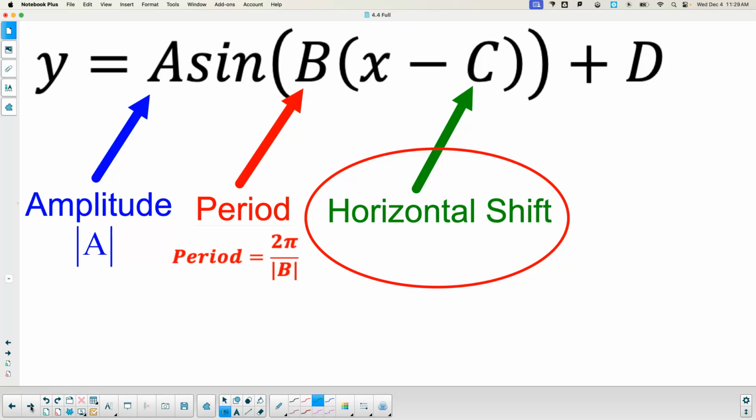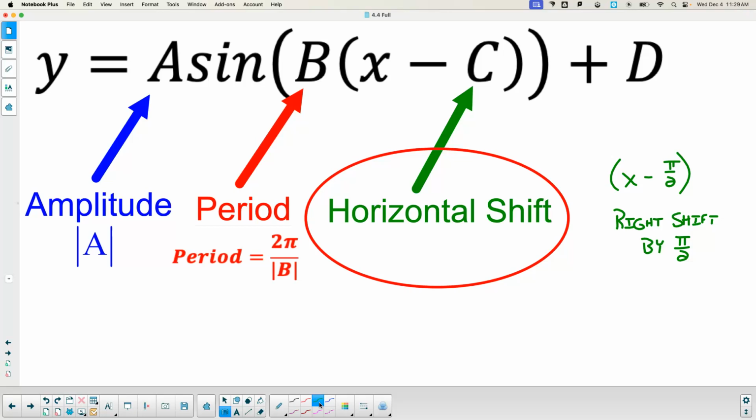So if I see here x minus pi over 2, that is a right shift by pi over 2. We're going to take our graph and we're going to move it to the right pi over 2 units.